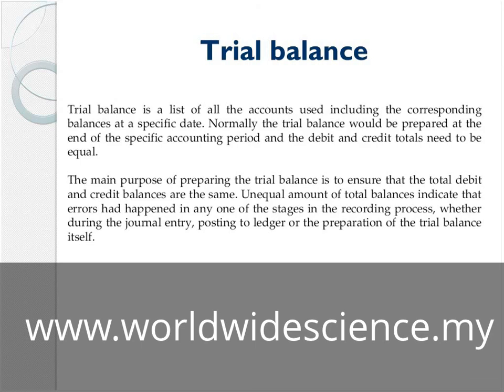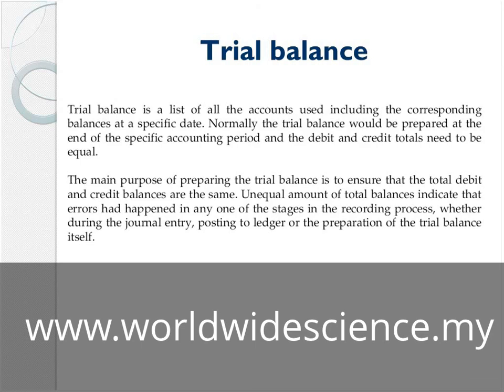So we have a trial balance which shows all the debits and credits, our revenues and expenses, right? Sometimes we have some errors in the trial balance. When the two sides are not equal, that means we made some mistakes.